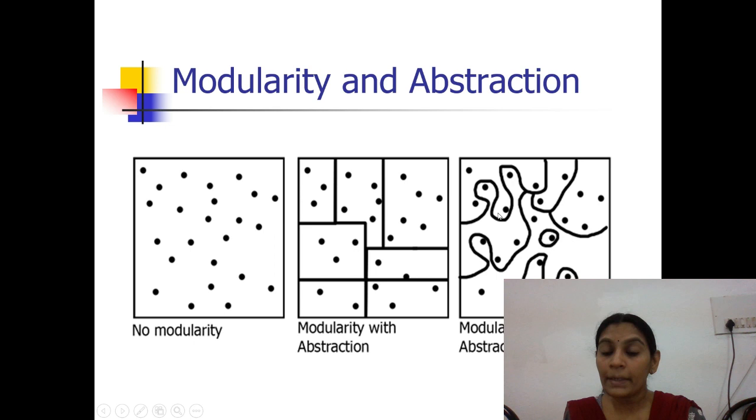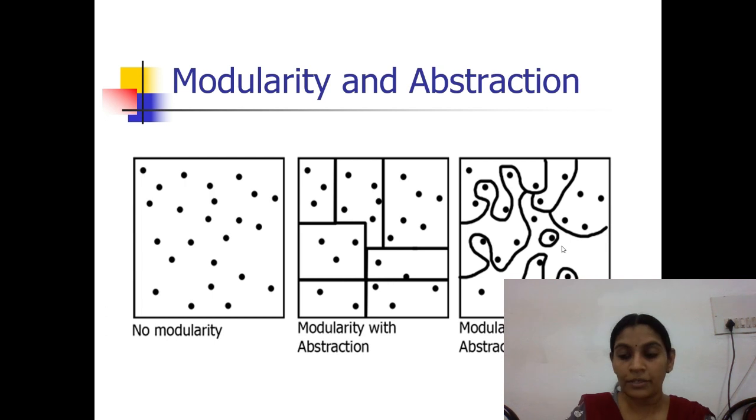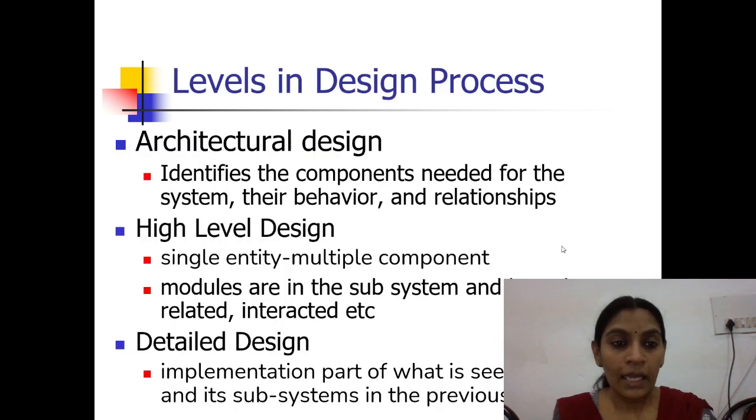Here also I'm dividing, but inside the sub problem also I have few minute problems, which do not have to do anything with the parent problem. So that is what modularity without abstraction. Here you have clear abstraction. So I know these all things falling into one place. There is no relationship between the components in the first module and second module. Here what happens is, I may have a component which does not have to do anything with the other components. That is modularity without abstraction.